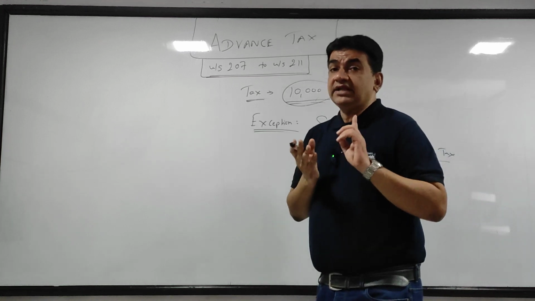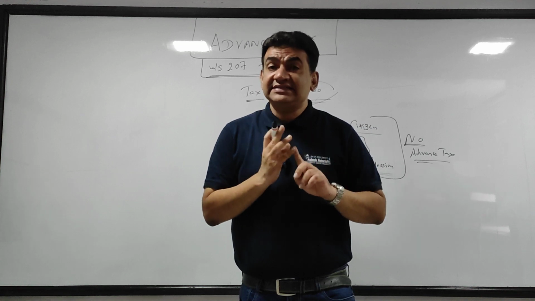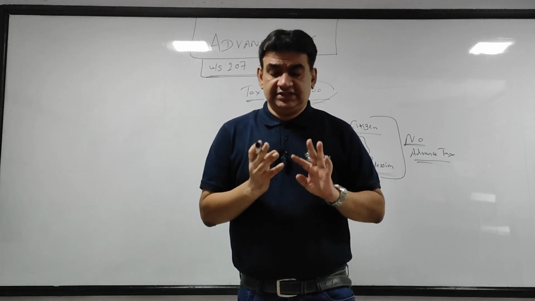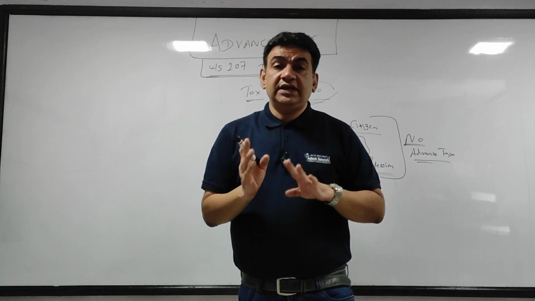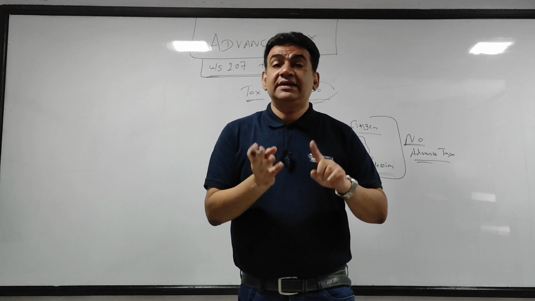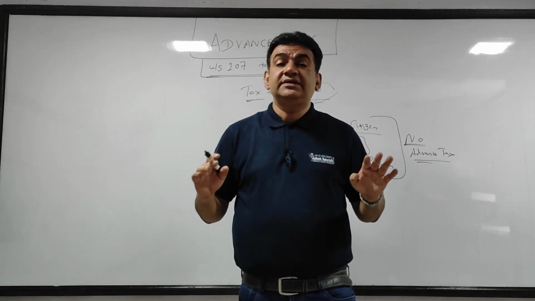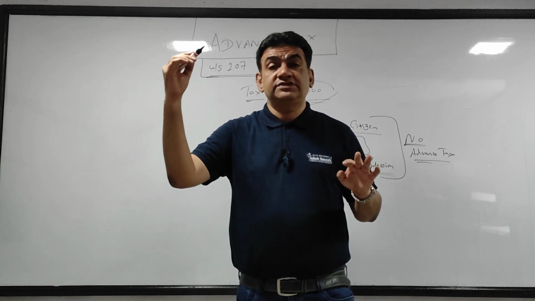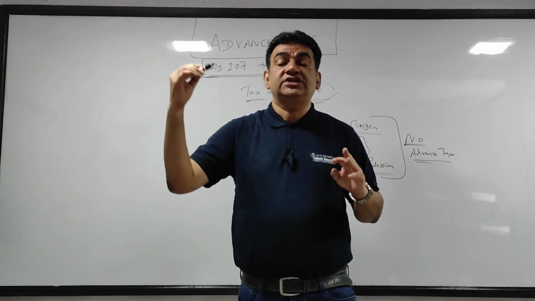Now, for those 4 installments there is a deadline. At the same time, there is a percentage. Deadline means at every quarter end you have to pay it. But what is that date? I'll come to that. And whatever your estimated tax liability is, a certain percentage has to be paid in each installment.